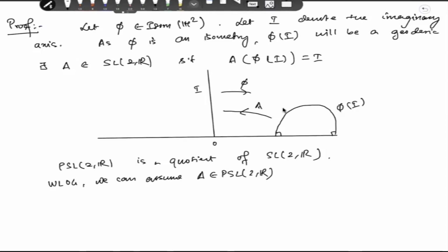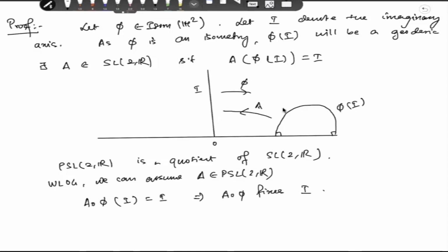So we get an element of PSL(2,R) which takes phi of I to I. Therefore, because A takes phi of I to I, A compose phi will fix this imaginary axis I. So this implies A compose phi fixes the imaginary axis I.